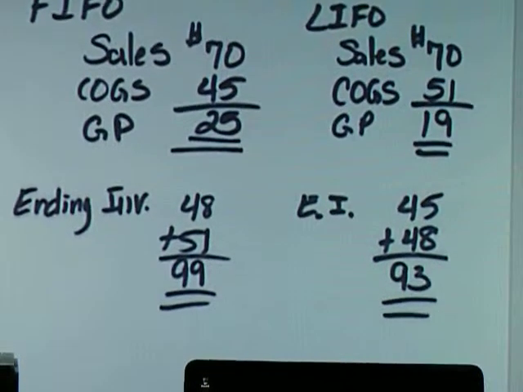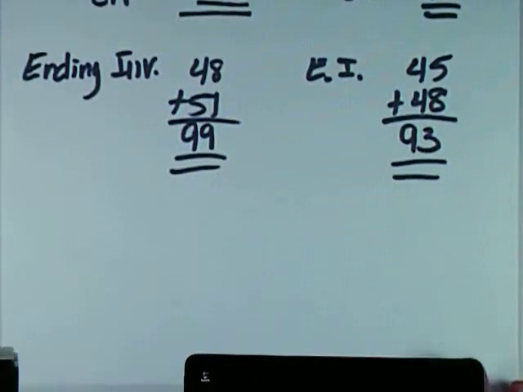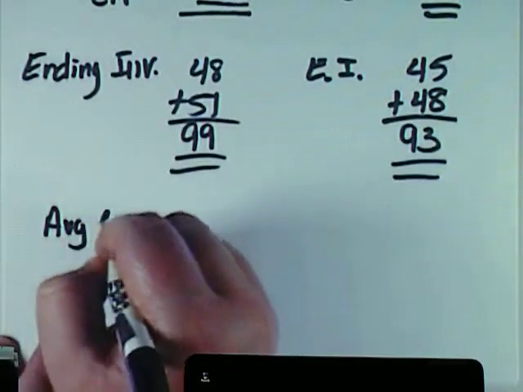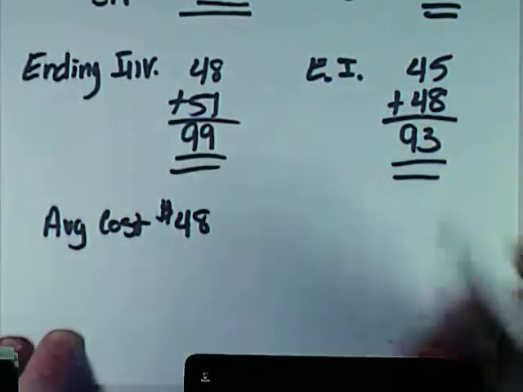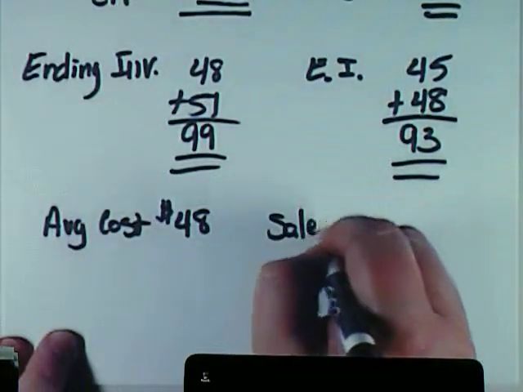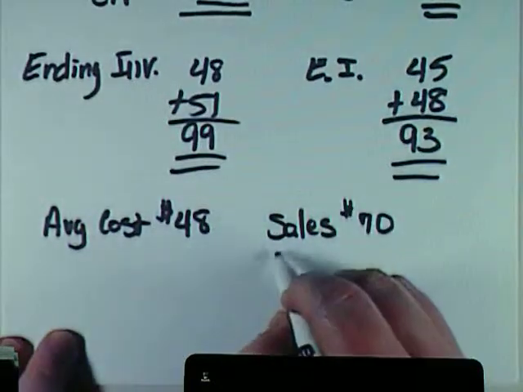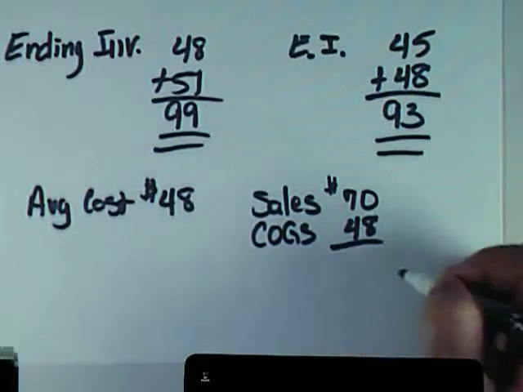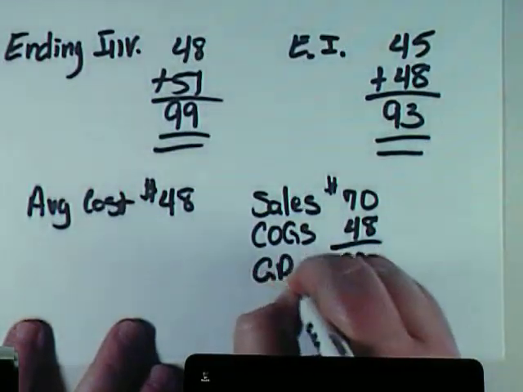Now, under the average method, let's look at this a little bit differently. We already determined that the average cost per item is $48, and for me to have sales of $70, and I already know that my cost of goods sold is $48, that actually leaves me with a gross profit of $22.